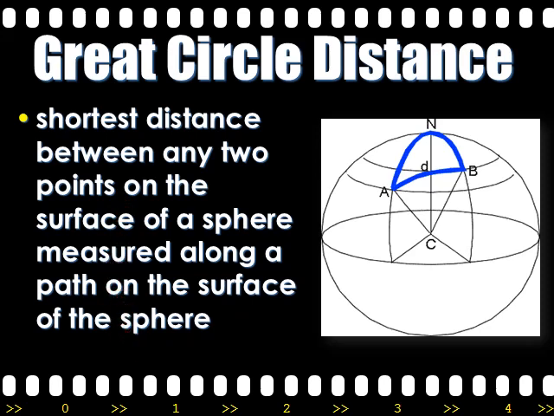Now, itong great circle distance na ito yung ginagamit ng mga navigators natin. So, yung mga airplane pilots, yung mga ship captains, ayan. Pag nagko-compute sila ng distance between two destinations, so great circle distance yung ginagamit nila doon. Okay?